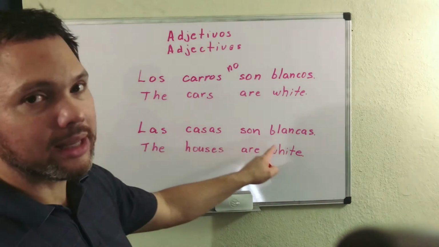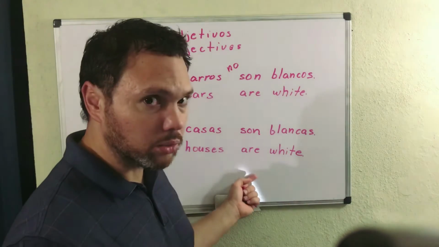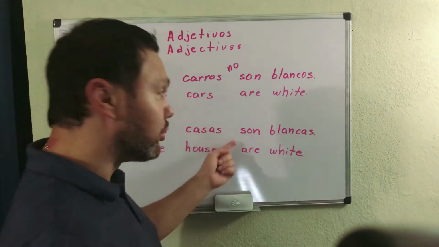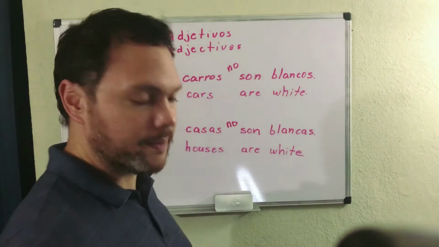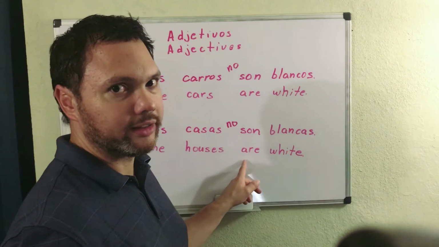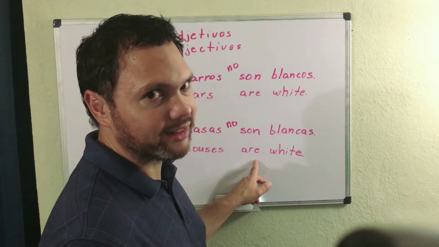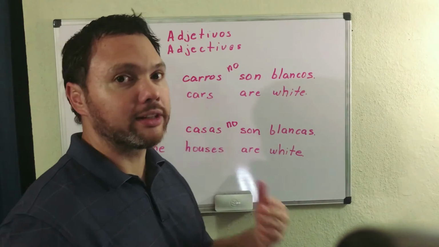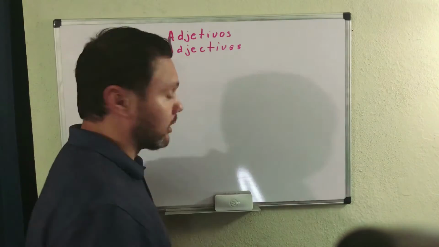Las casas son blancas, the houses are white. The houses are not white. Las casas no son blancas. You see? In English, you put the not after the action, are not white, right? So like everything in Spanish, a lot of things are backwards, okay?